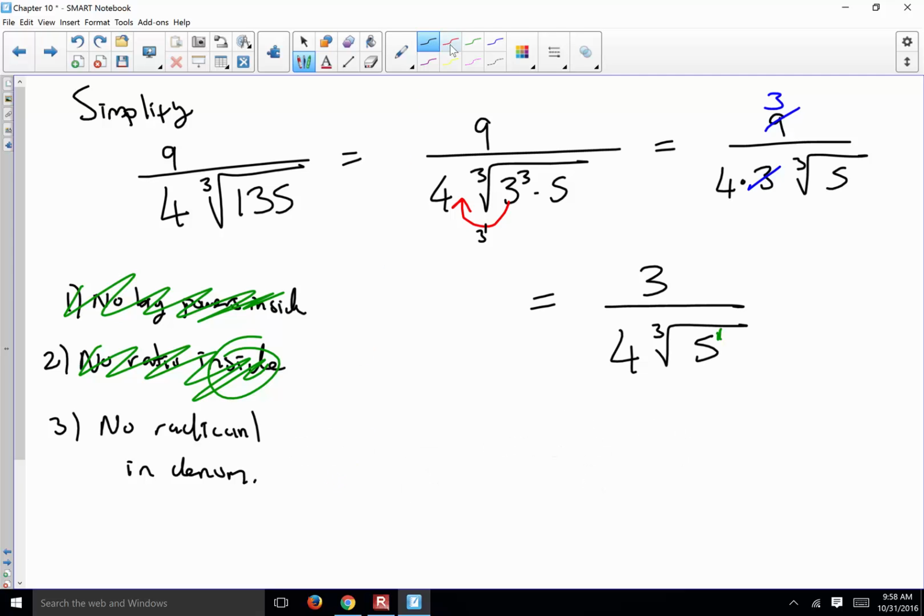So here is the tool you have. You can multiply both the numerator and denominator with anything you wish. It's your choice, but I want you to multiply both with a radical which is going to get this guy enough money to break prison. Because this is the reason we have a radical here. This 5 didn't have 3 inside.